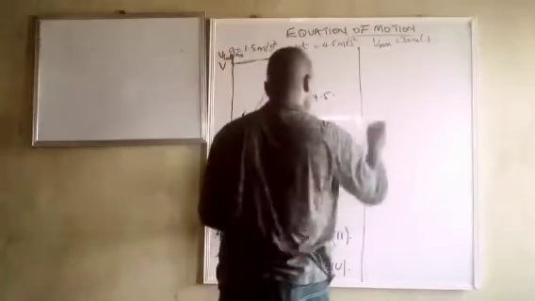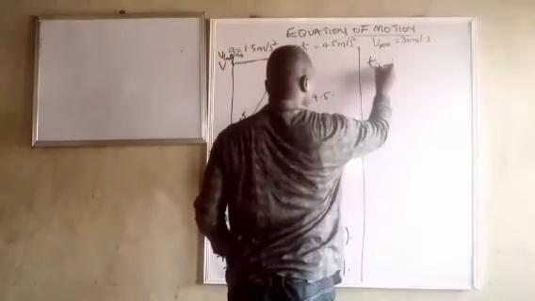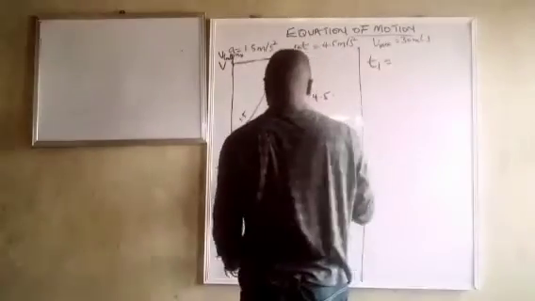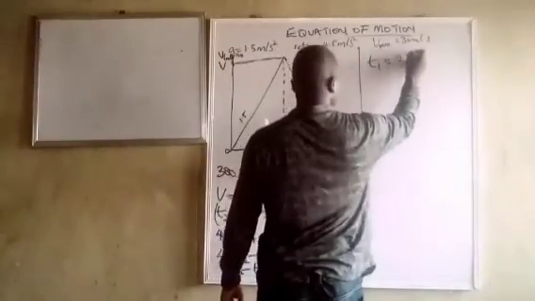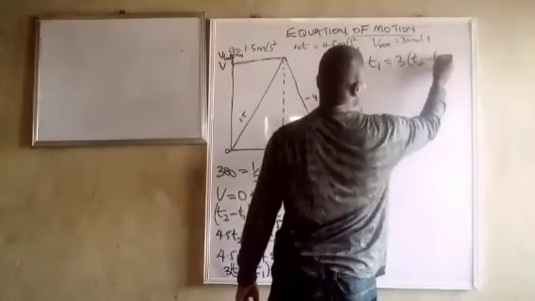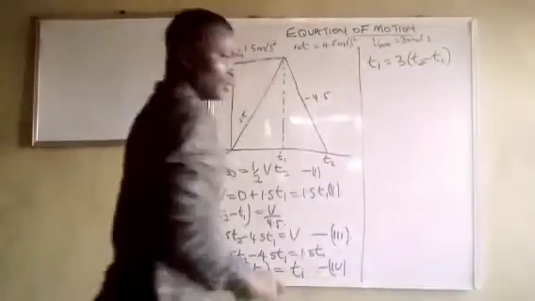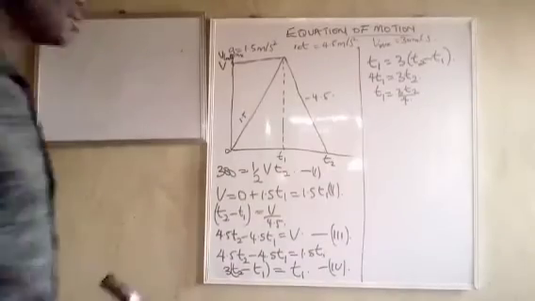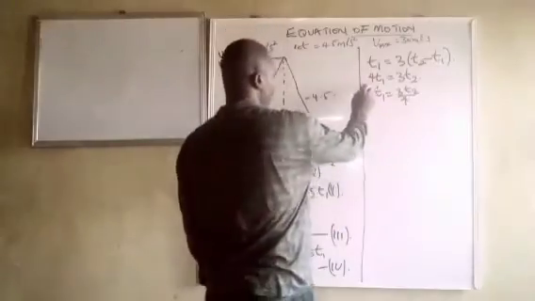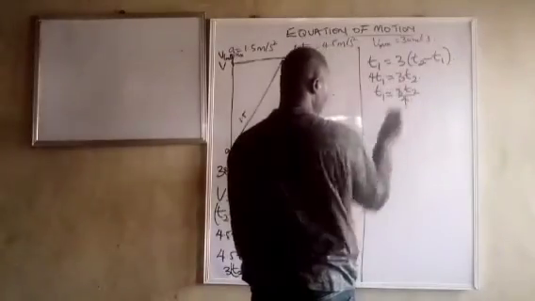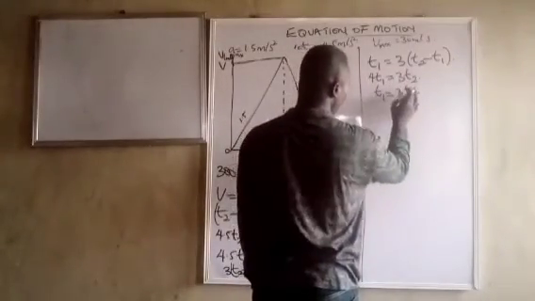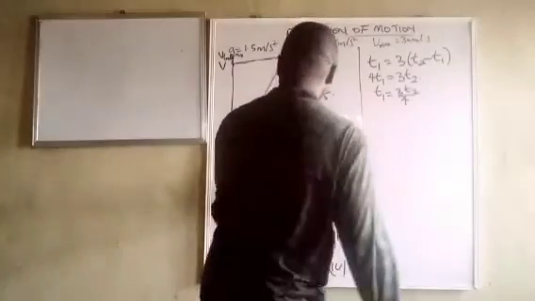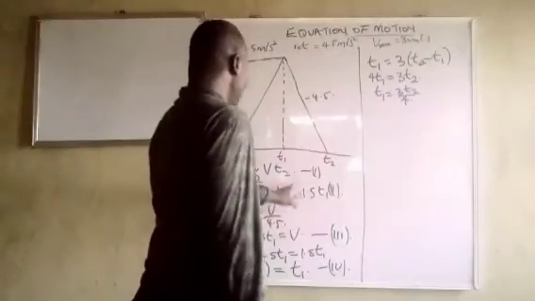So T1 is equal to 3 into T2 minus T1. So you can see that 4T1 is equal to 3T2, and T1 is 3 over 4 T2. Now we are going to use this in this place.